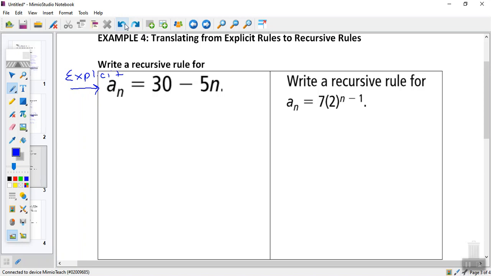So if I wanted to know the 42nd term, I would just plug in what? Okay, well they're saying turn this explicit rule into a recursive rule. Okay, well I can't do that unless I know at least the first term. Here's what I suggest in here. Okay, step 1 right here. Make a table.